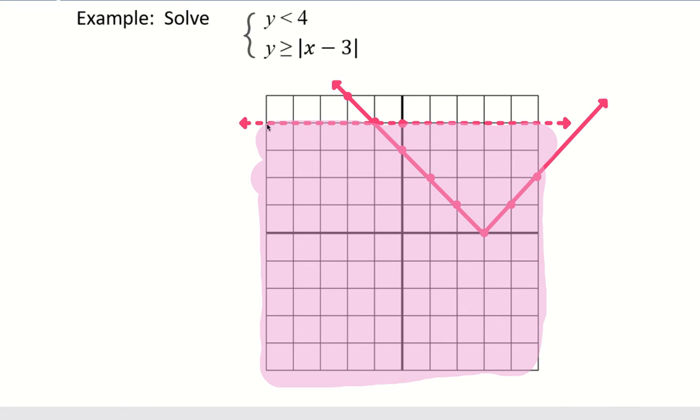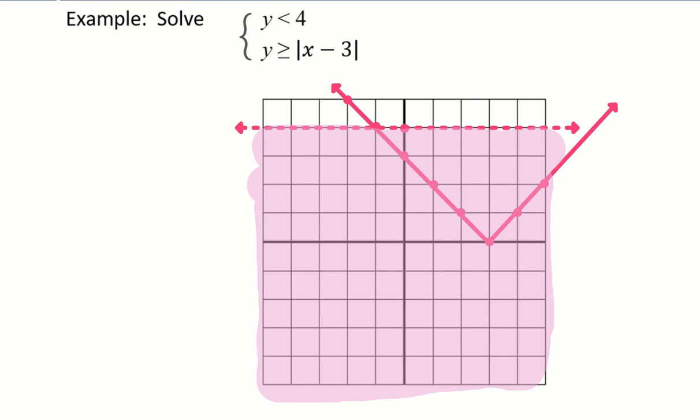And again, it's an inequality, so there's going to be some shading. Are we going to shade above or below? It's a greater than, so we're going to shade above the V. Again, lightly, because it's ultimately going to depend on your final answer, which is where the double shading occurs.